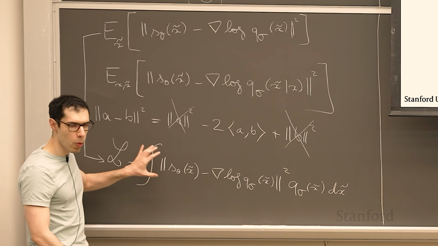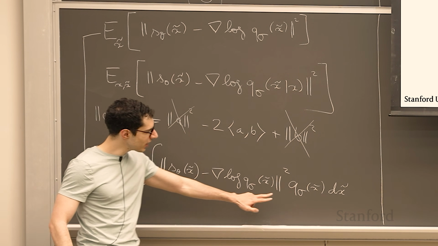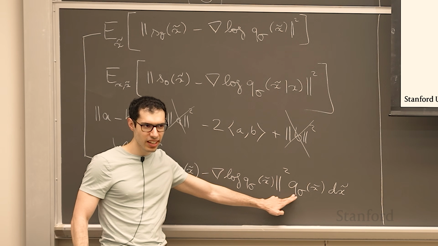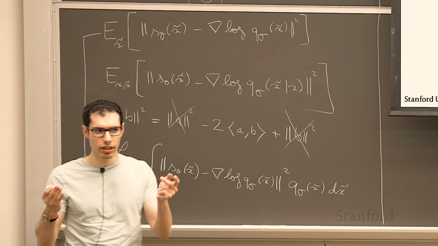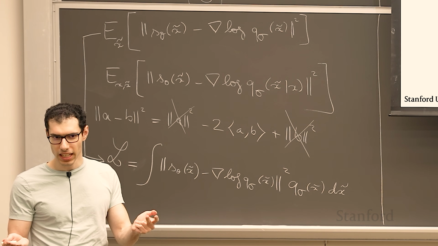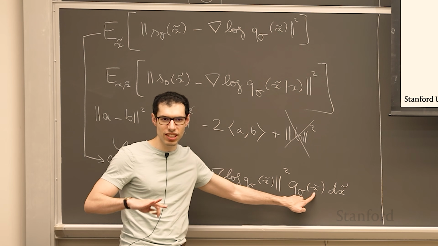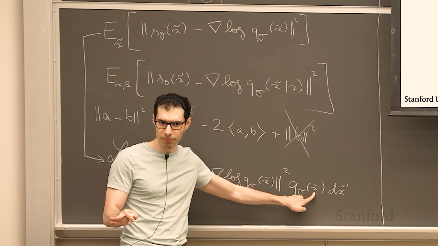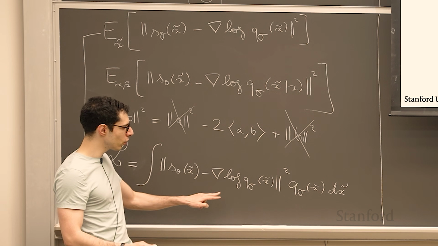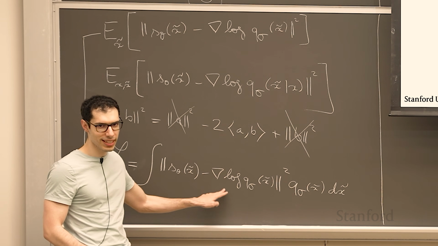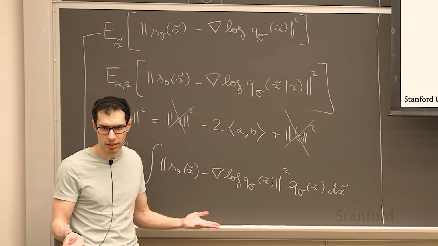So you're weighting your loss function with respect to how likely your points x tilde are to appear. So in other words, if x tilde is not likely to appear, then the fact that it is off from the true value is not something that is going to be materially noticeable in the loss.